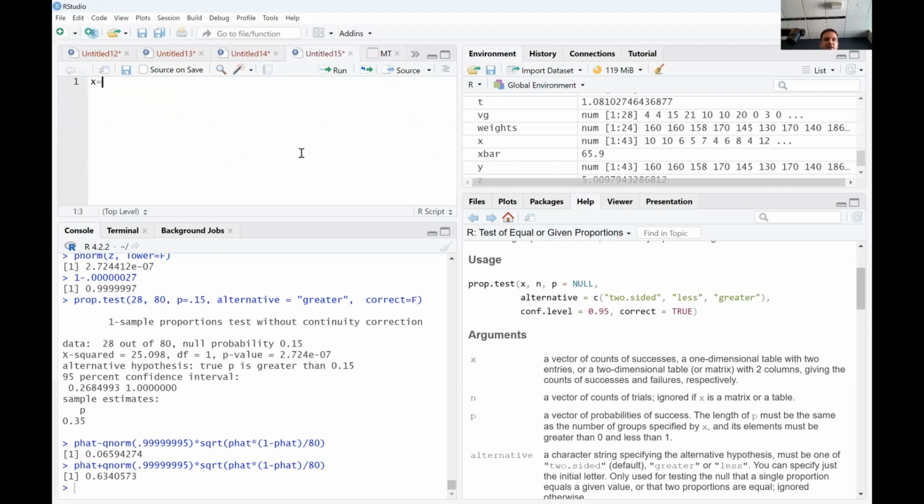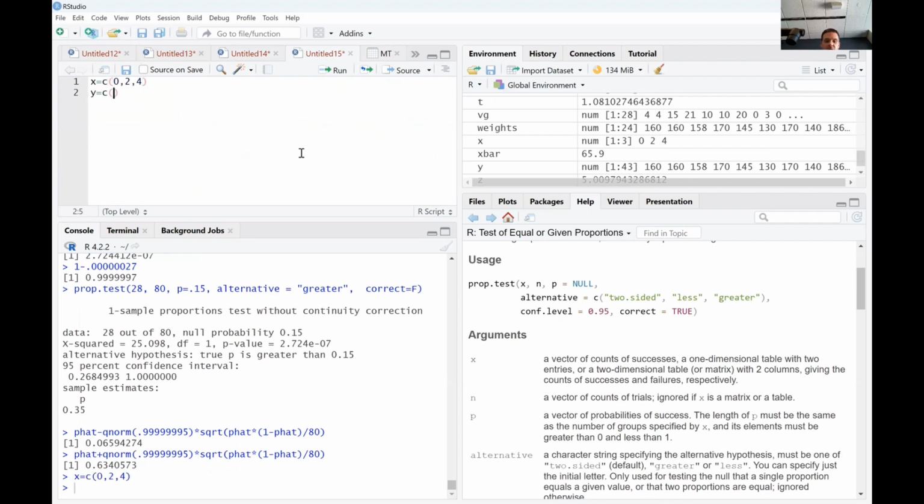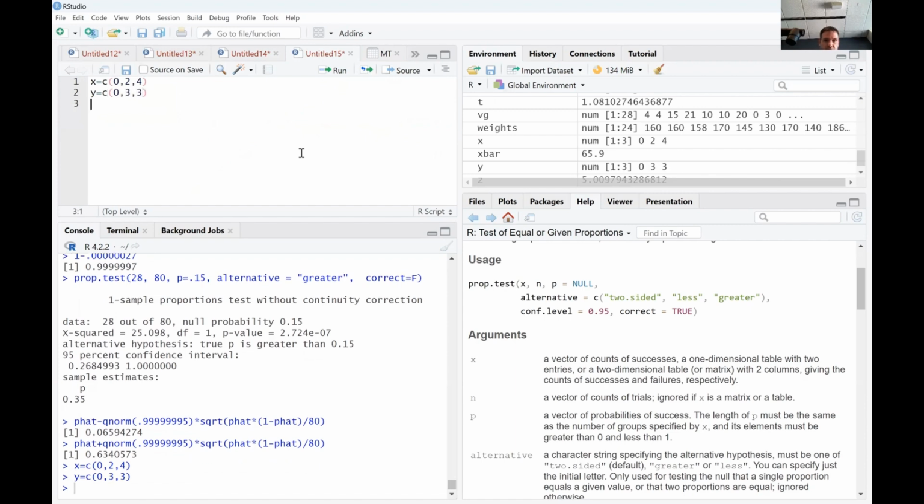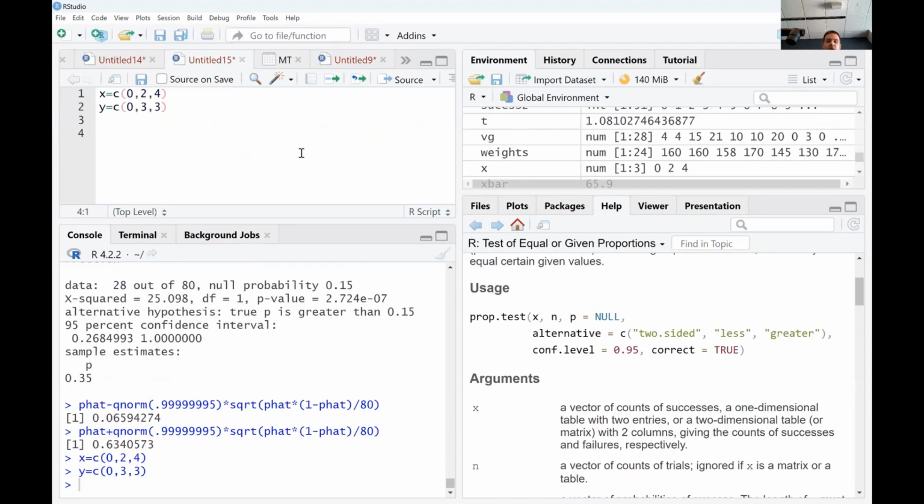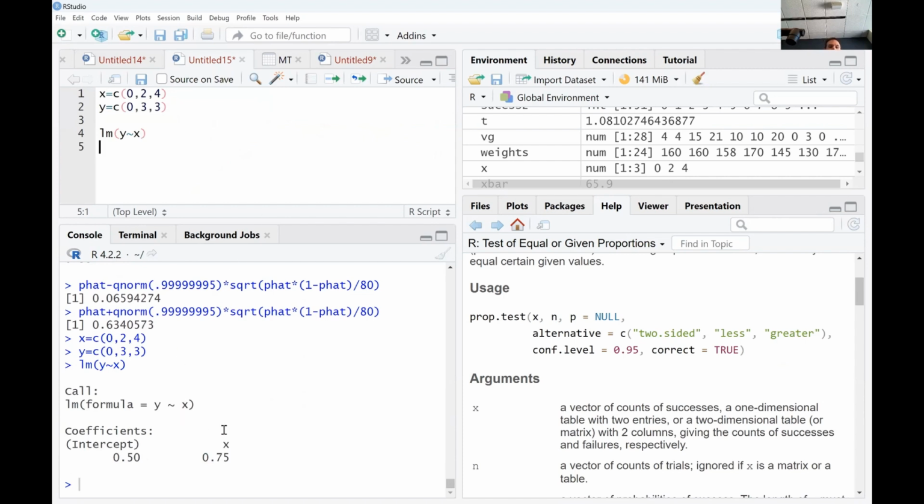All right, so let's let x be the vector of x coordinates, 0, 2, and 4, and y be the vector of y coordinates, which is 0, 3, and 3. Now, if I compute the linear model of y varying as x, I better get those same 2 coefficients, the 0.5 and the 0.75, and indeed we do.